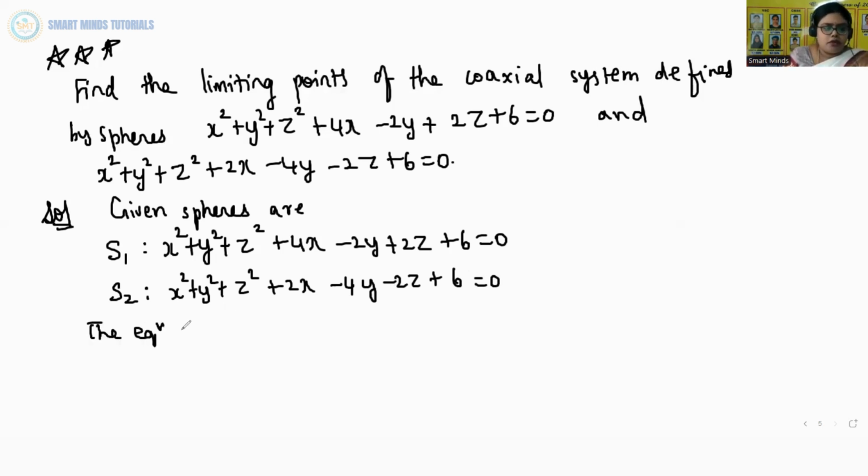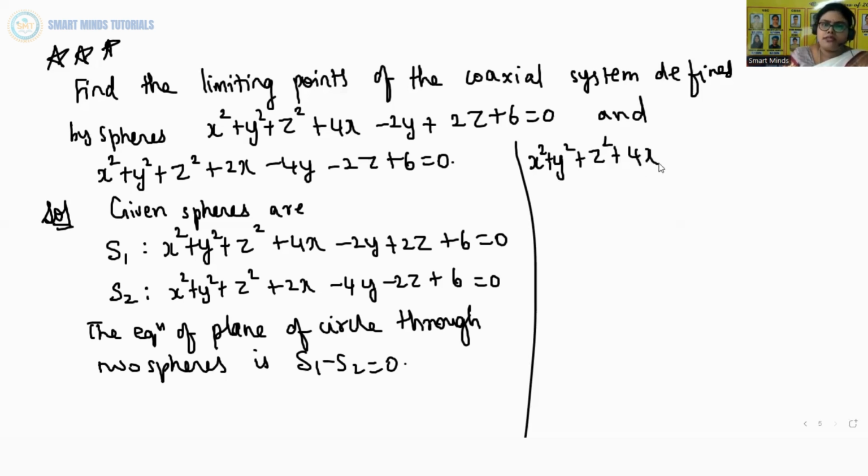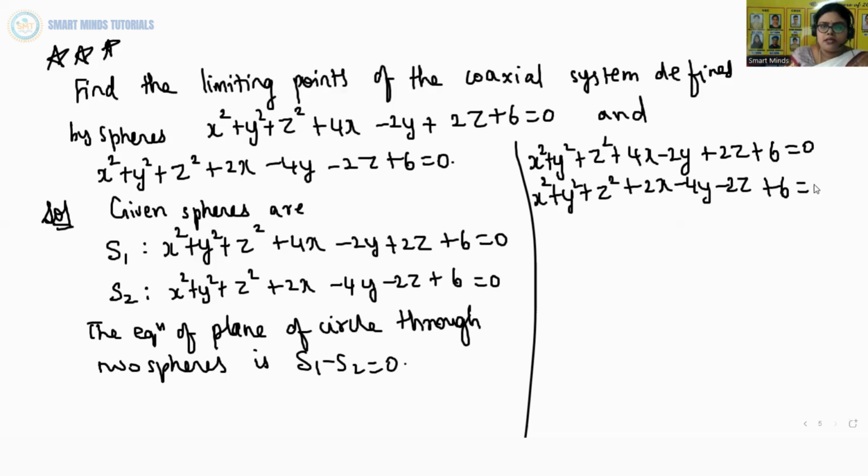Now let us write down the equation of the plane of the circle through two spheres. It is S1 minus S2 equals 0. So you just need to subtract these two sphere equations. We write one below the other: x square plus y square plus z square plus 4x minus 2y plus 2z plus 6 is equal to 0, and x square plus y square plus z square plus 2x minus 4y minus 2z plus 6 is equal to 0.